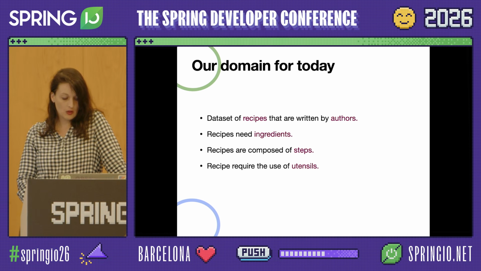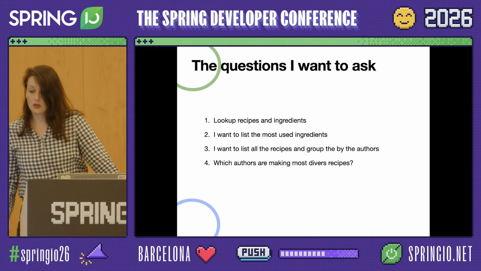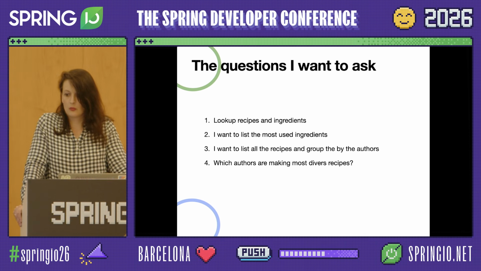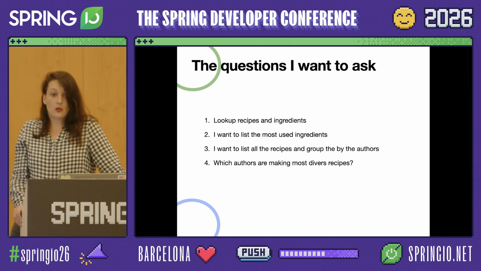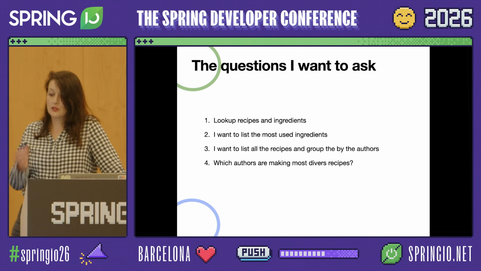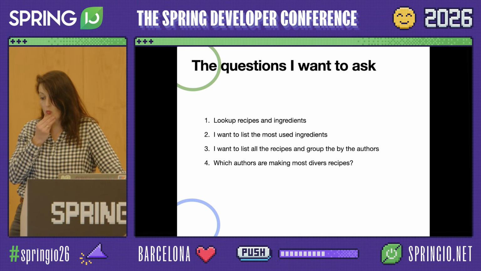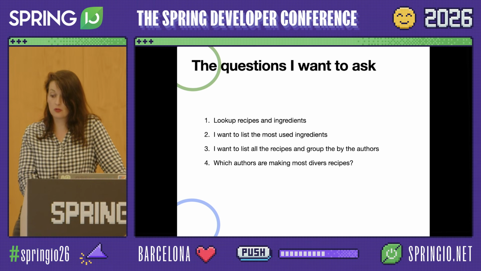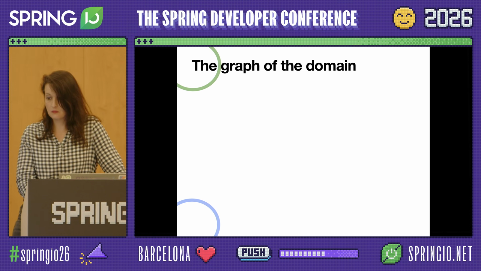And of course, they require the use of utensils. The questions that you could ask of such a graph are: you want to look up recipes and ingredients, list the most used ingredients, list all the recipes and group them by authors, for instance, and which authors are making the most diverse recipes using the most ingredients per recipe.